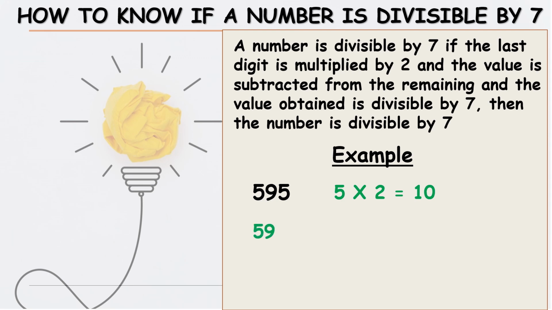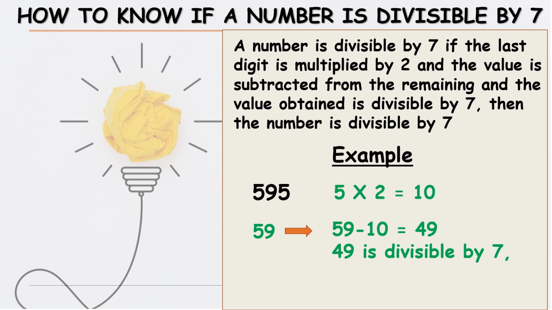So 59 now, when you subtract 10 from 59, what you have is 49. So is 49 divisible by 7? 49 is divisible by 7. Therefore, the entire figure, that is 595, is divisible by 7.